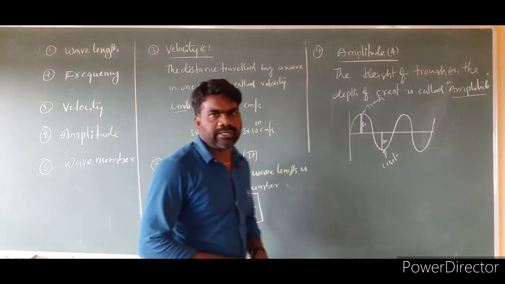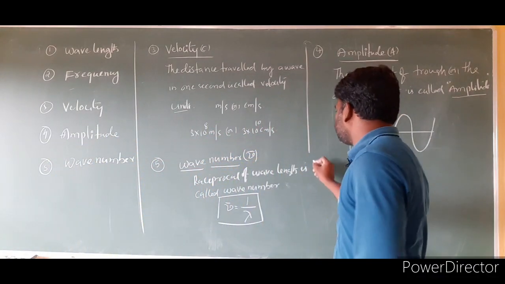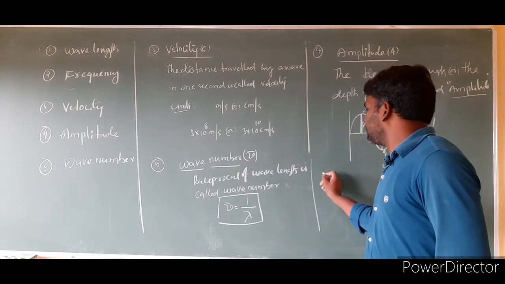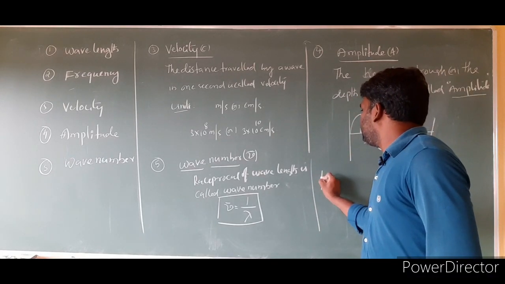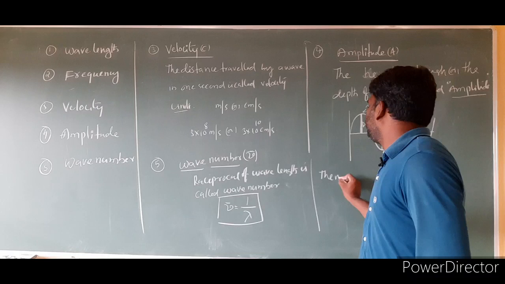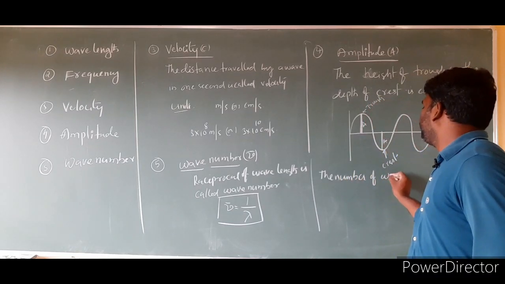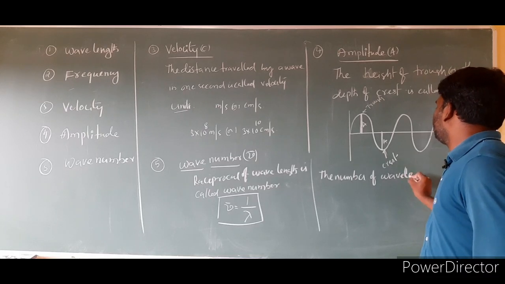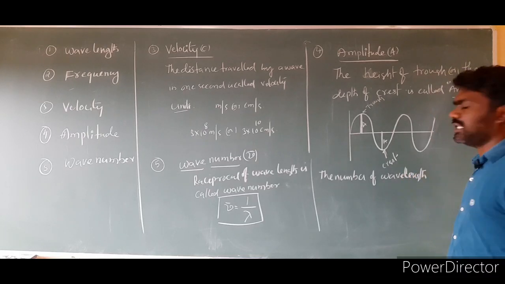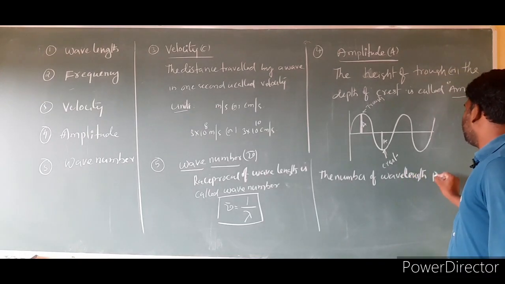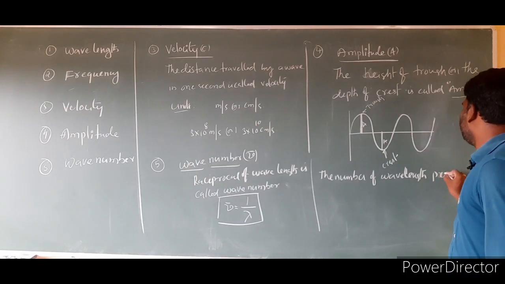In other ways also we can define the wave number as the number of wavelengths per unit length.